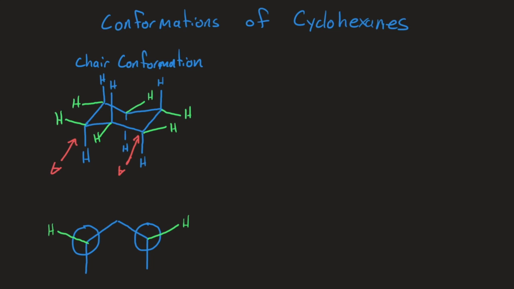If I go to the back carbon, so now I'm thinking about this carbon here, there's a hydrogen coming down and to the left, and there's a hydrogen going straight up. There's a carbon-carbon bond going down and to the right, and that's connected to the carbon that's behind this carbon here.